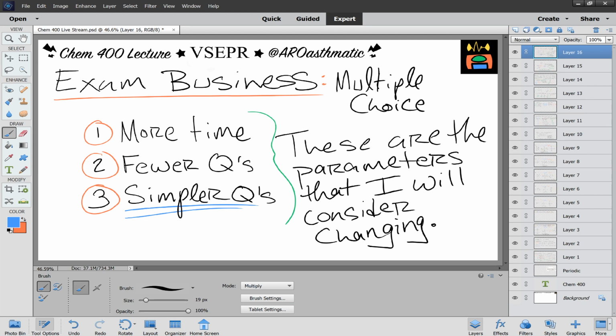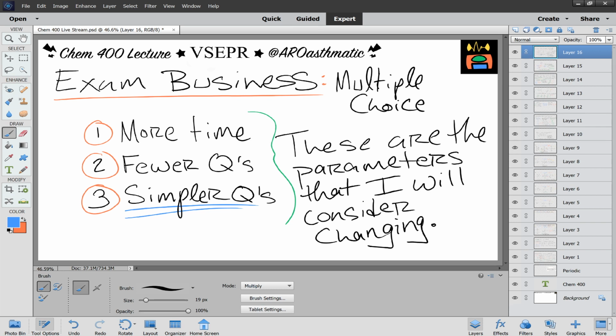And I'm not saying that I'm definitely going with simpler questions. I could go with the same caliber of question and maybe do fewer of them, or do the same caliber questions but extend the time. I'm really still figuring it out. Also, I'm writing the questions now, so I'm still in the process of forming them. I put out a pretty extensive question bank, and I'm writing the questions and getting that all online.